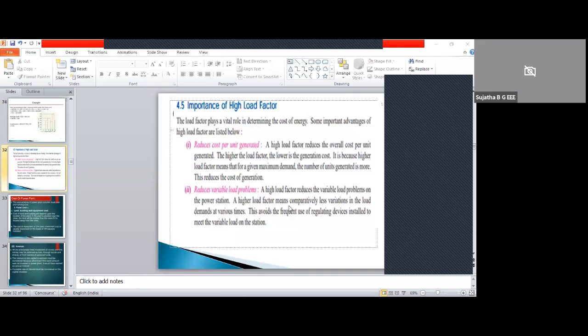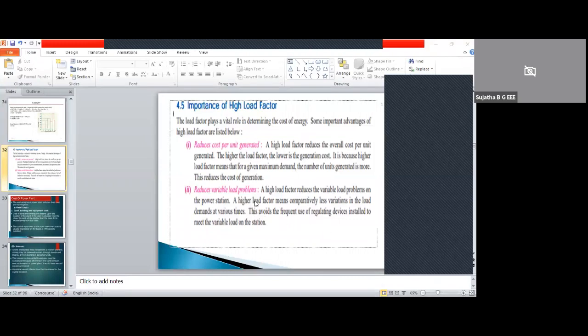See, a high load factor means your average load is very high. Suppose if the average load is less, that means your load factor is less, means your load is varying too much, maybe from minimum to maximum, again minimum. Then we should have the regulating device to cope with this variable load.